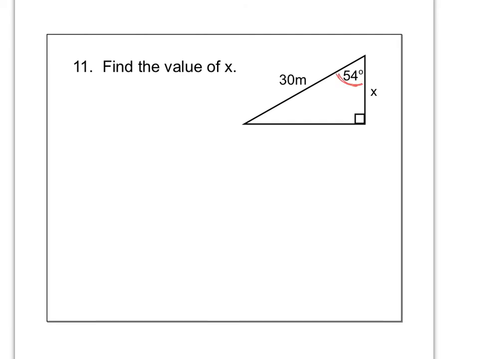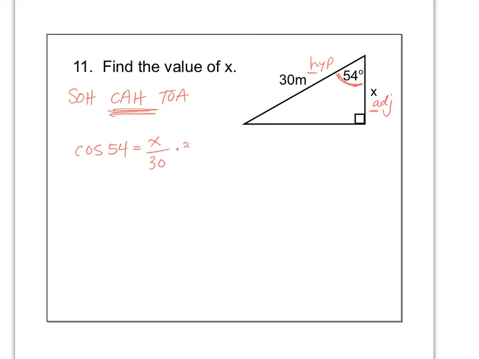Here's your angle. X is adjacent, 30 is hypotenuse. Think about SOH CAH TOA. Choose the one with the A and the H. Cosine, the C. So you go cosine of 54, excuse me, equals adjacent over hypotenuse, x over 30.